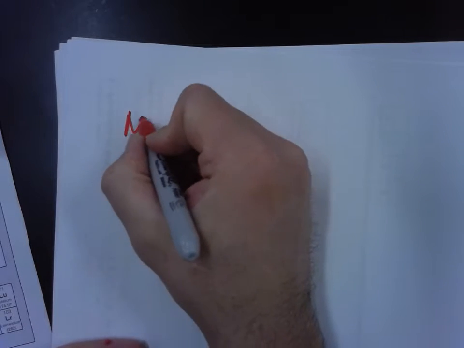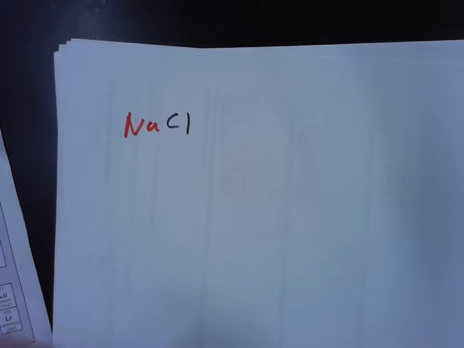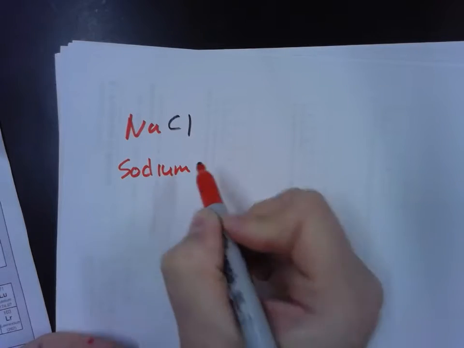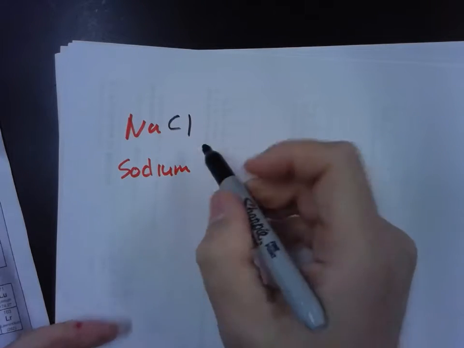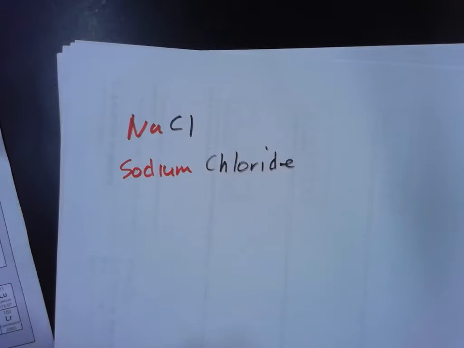Let's do one like this, NaCl. That's sodium chloride, or table salt. What about, let's work backwards now.